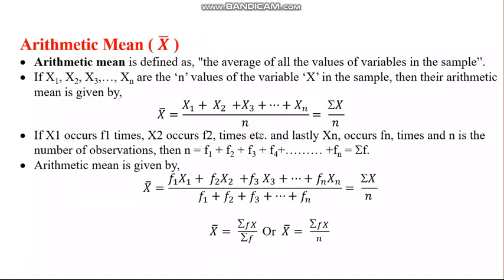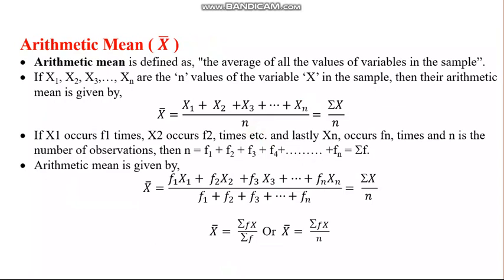Now, a little bit of explanation about the arithmetic mean. Arithmetic mean is x bar. It is the average of all the values of variables in the sample. Suppose x1, x2, x3, x4, x5, x6, and so on to xn, so suppose n number of values are taken.